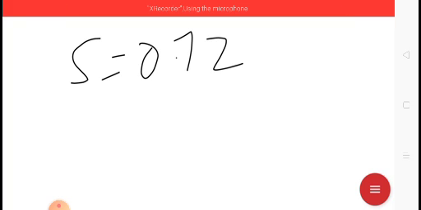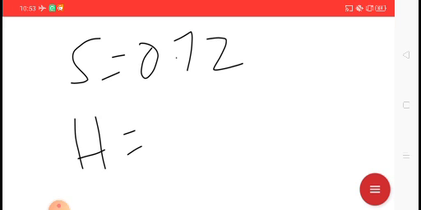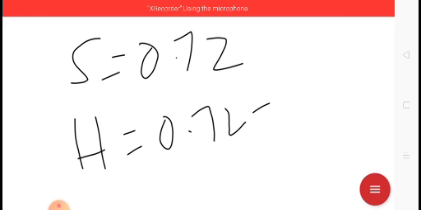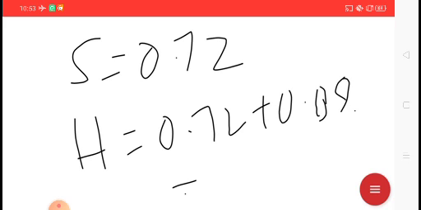But the question is asking you the height of the table. So for the height you need 0.72 plus the distance from the table originally, right? So the total is how much?